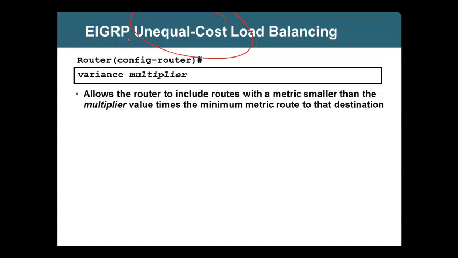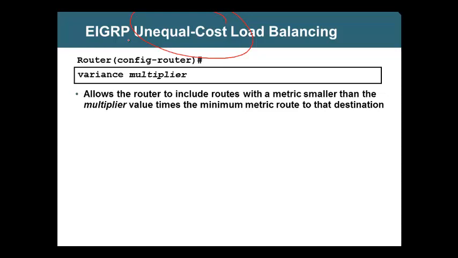The default variance is 1. By increasing the variance, you can tell EIGRP to consider the feasible successors as a successor.